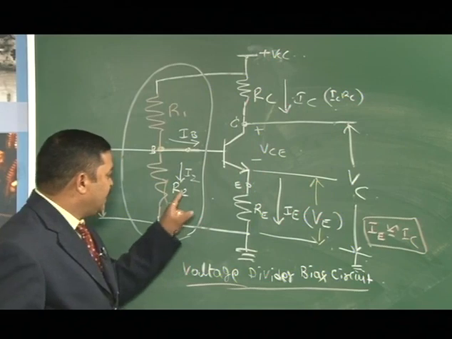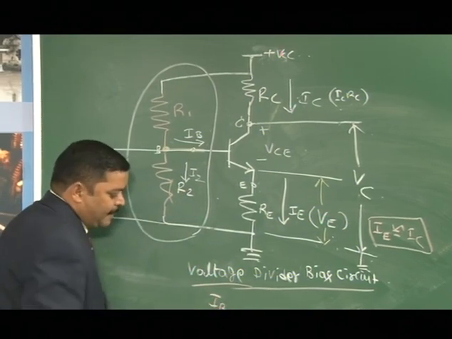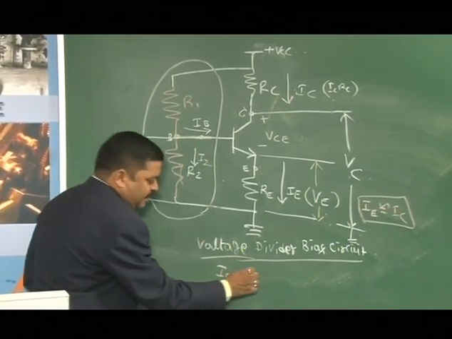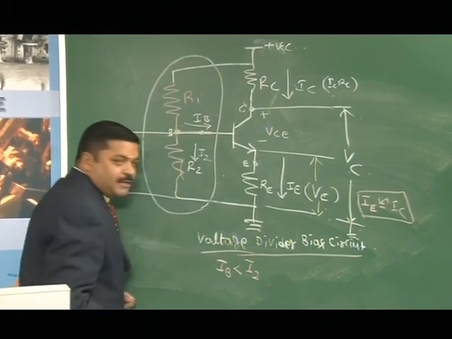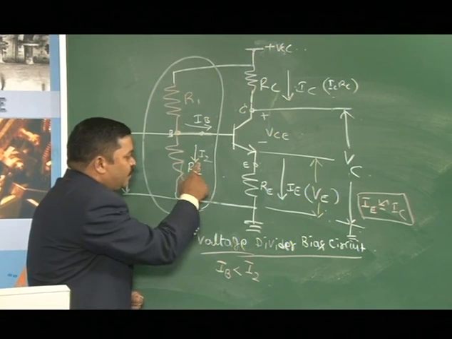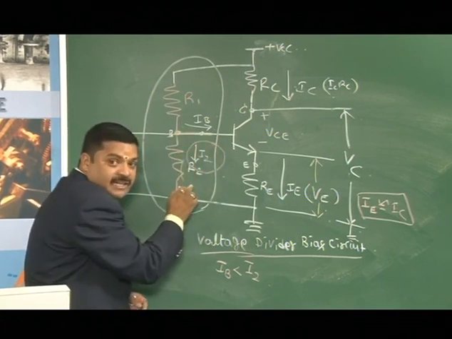That is one point. The other point is the base current IB, if it is less than the voltage divider network current I2, I repeat this, the base current IB is less than the voltage divider network current. So I2 is the voltage divider network current.